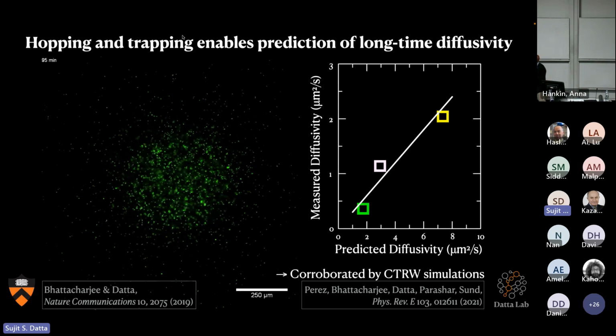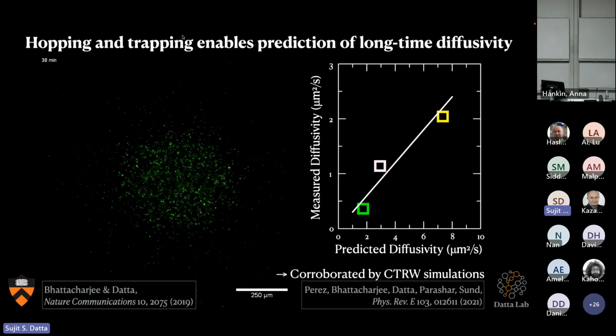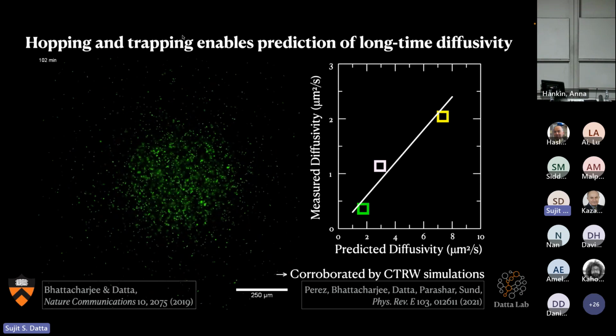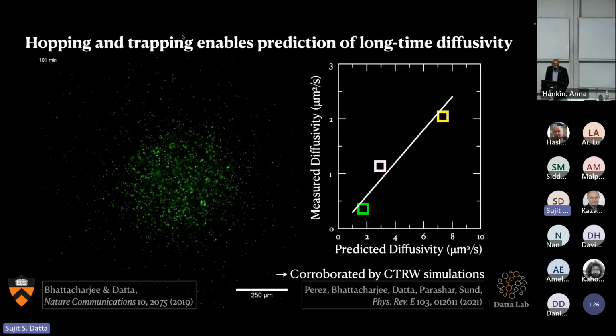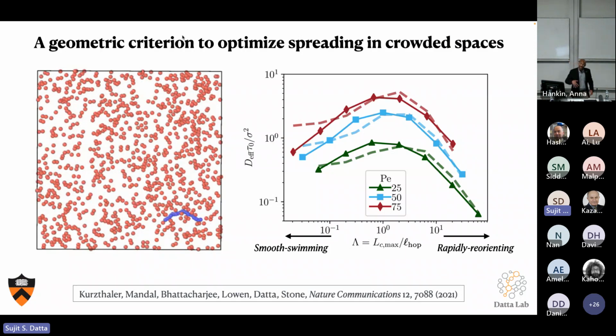And in follow-up work, we've used continuous time random walk simulations to further improve these agreements using those full distributions that I mentioned. We've also generalized this to other forms of active matter. So we've studied other species of bacteria in my lab and we found similar behavior. And in a collaboration with my colleague Howard Stone and Hartmut Lowen, we constructed simulations of active polymers. So these are polymers that can self-propel.